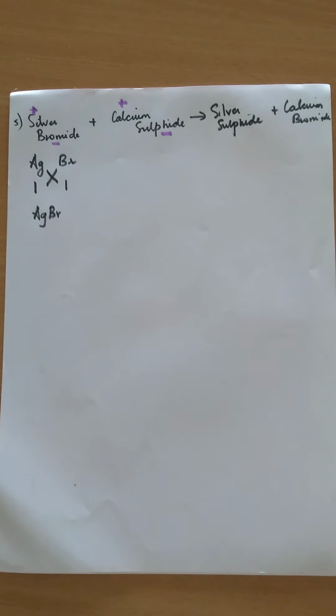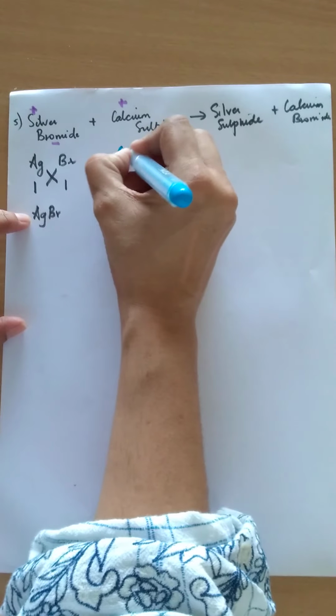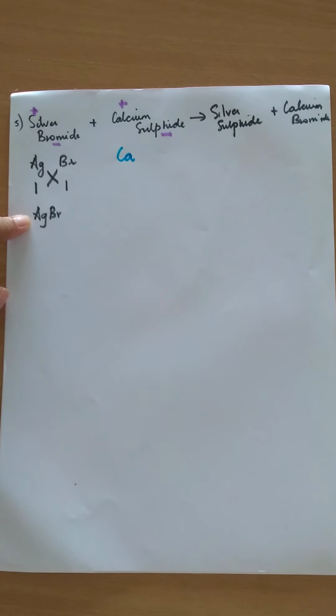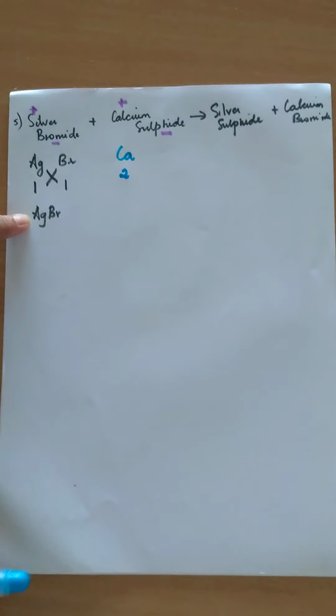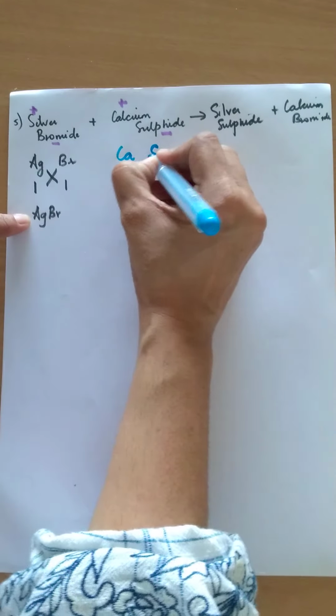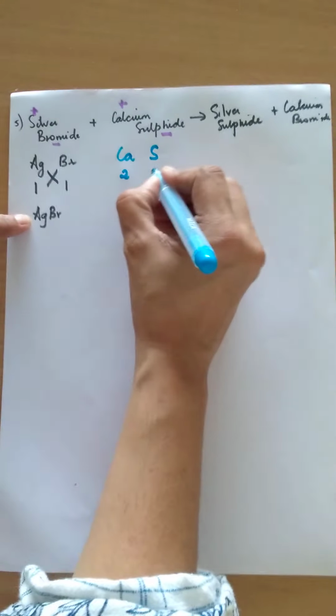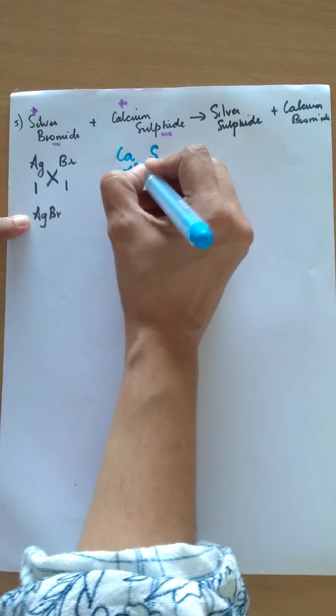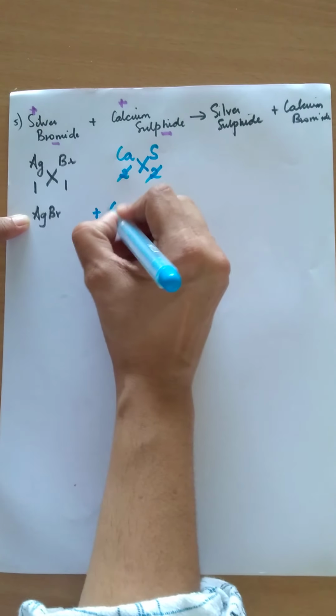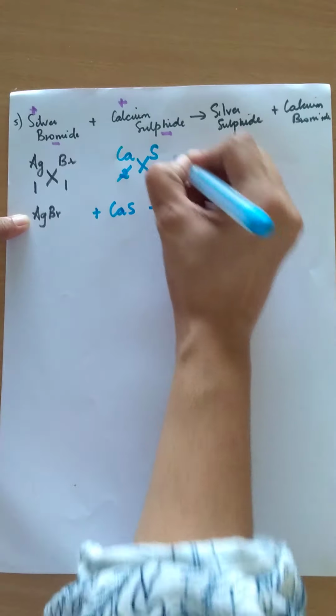Similarly, we come to the second compound, that's calcium sulfide. So calcium is Ca, valency of calcium is 2. Sulfide is S, valency is 2. The 2s are cancelled. So after you cross multiply, you get CaS.